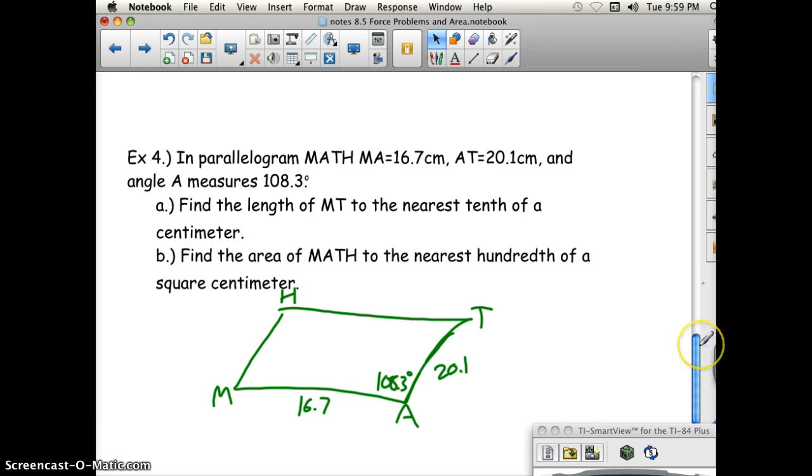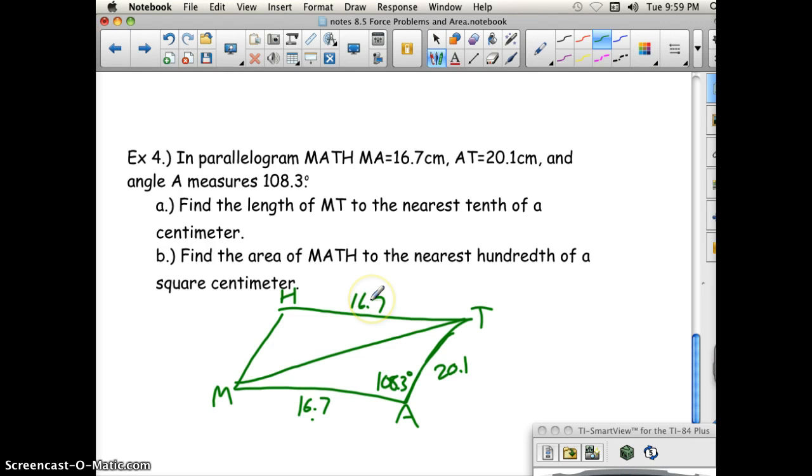What is important is that you recognize the fact that a parallelogram is really two congruent triangles, right? You have side, angle, side, and then this is side, angle, side here as well, with 108.3, so you have side-angle-side congruence.